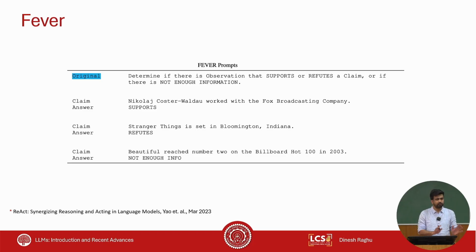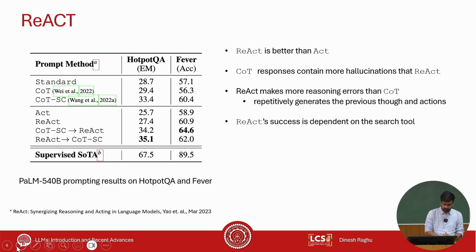Your goal is, given a Wikipedia corpus with information about the people and entities mentioned, and the same action space as for HotpotQA, you search, you look up, and then finally you say whether the claim is supported by the corpus, or refuted, or there is not enough information to conclude either way.